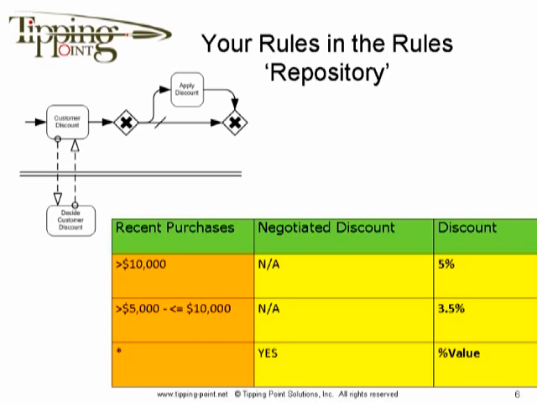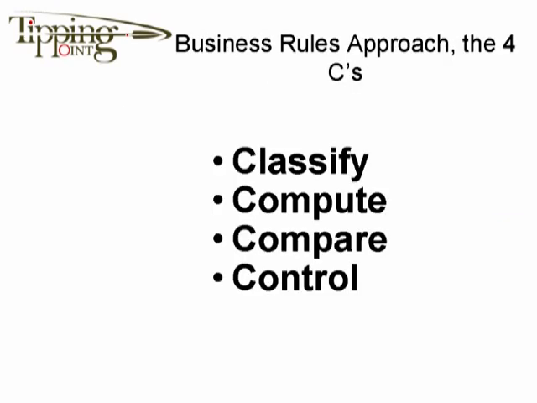But maybe you're more familiar with business processes and business process modeling than you are with the business rules approach. How do you separate out a requirement or some discussion or business conversation, whether we're talking about business rules or business process steps? Well, we like to use what we call the 4 C's.